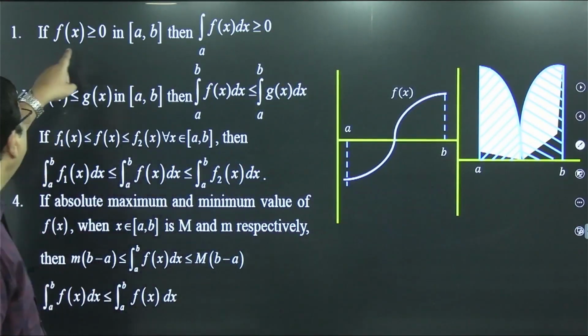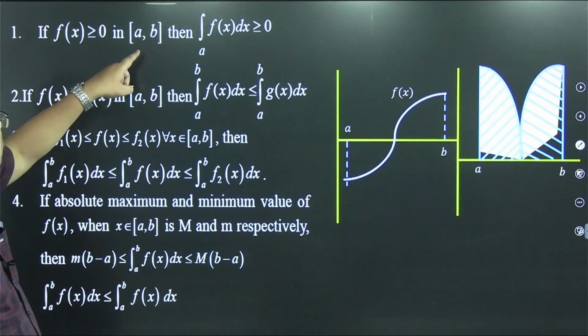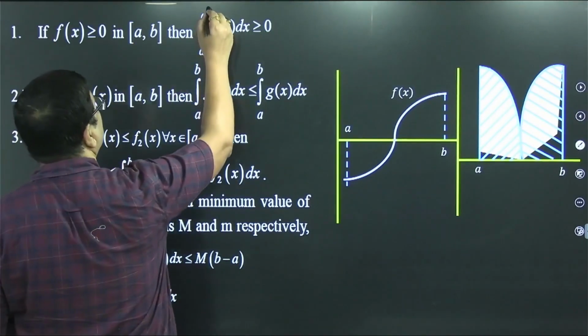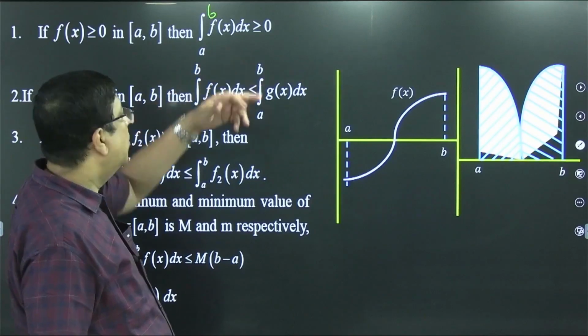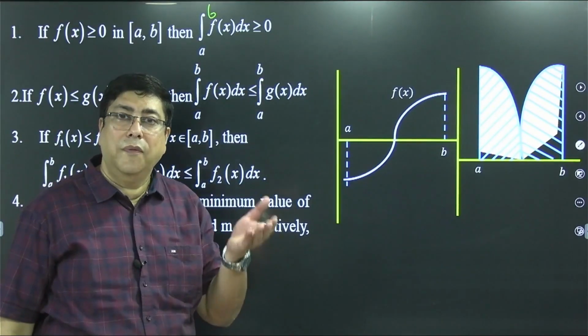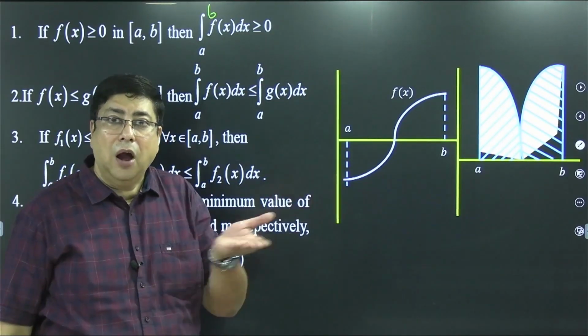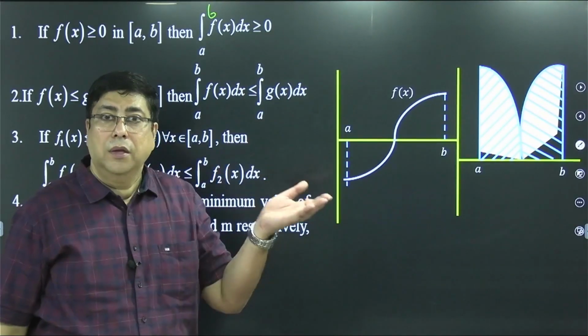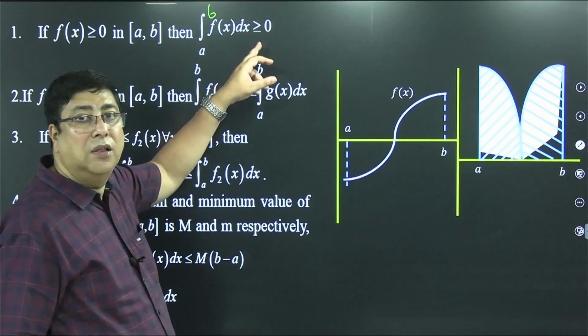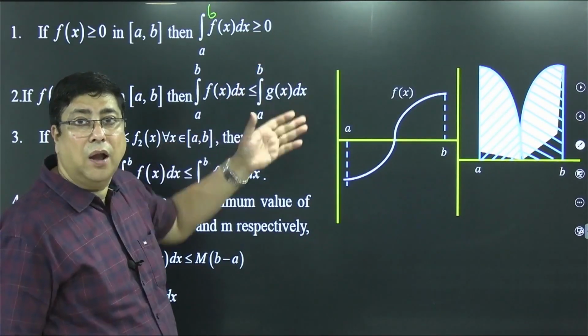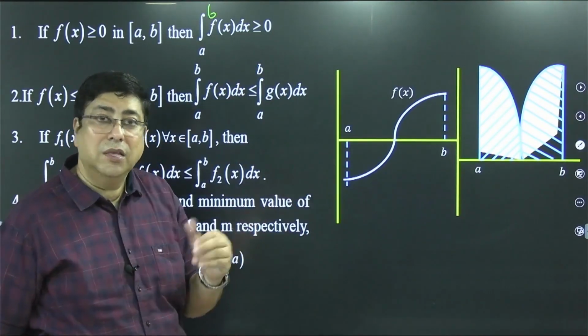First property: if f(x) is greater than 0 on a to b, it means the curve is above the x-axis, therefore the area is positive.